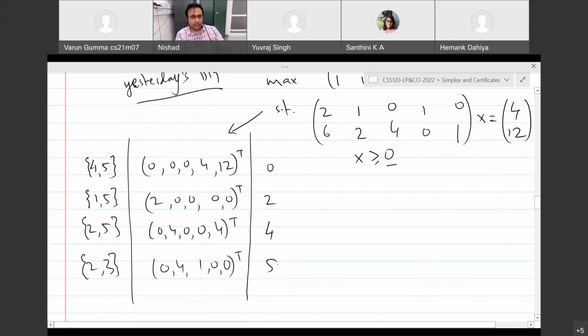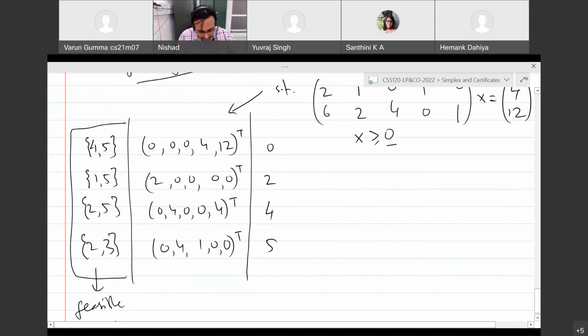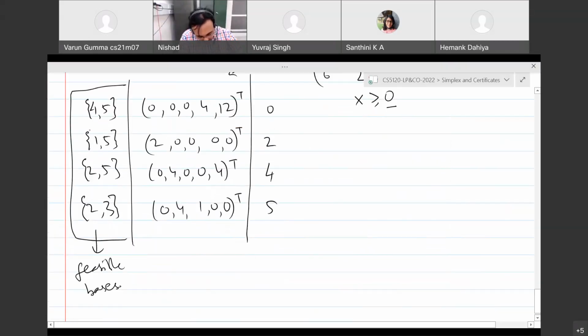So if you are planning to do it, you can check that you are actually getting these answers. Right? So notice that all of these are going to be feasible bases because Simplex is always finding feasible bases, right? So all of these are going to be feasible bases. I want to focus on one of these, which is interesting, this one.